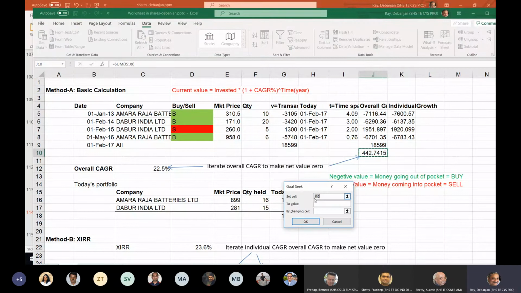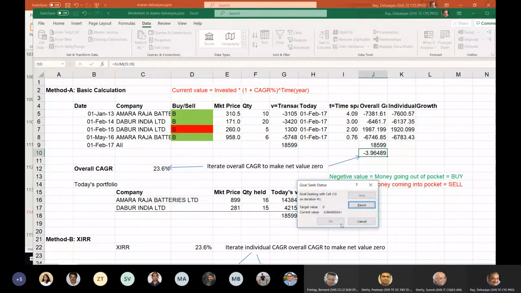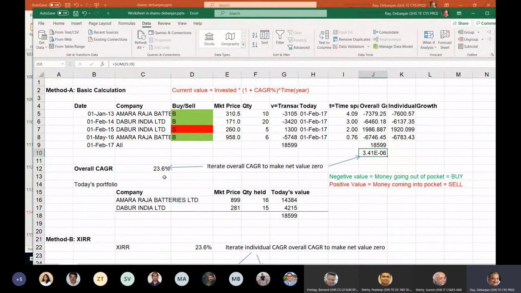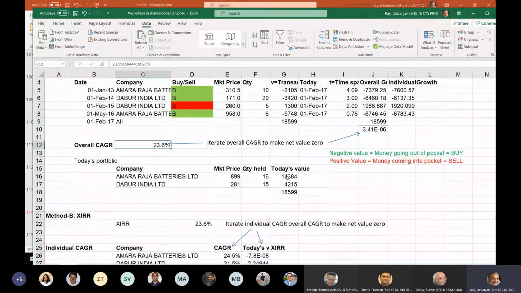In Goal Seek, set the cell value, this one, to a value of 0, by changing the cell. You select this one and then press OK. It is now doing the iteration by itself, and it has reached a figure of 23.6%.